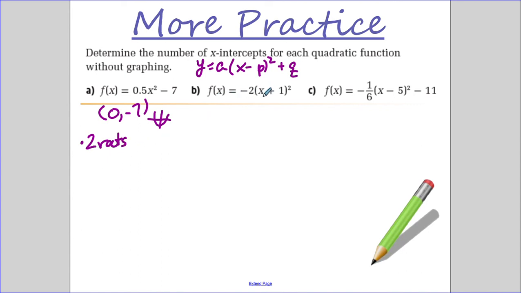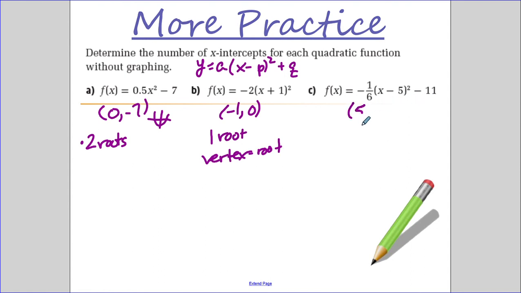In B, I can see here that my vertex is going to be -1, and then there's no q, so it's 0. This moves left one spot, but not up or down at all. This is only going to have one root, because the vertex is going to equal the root. And in my last one, I'm +5, -11.